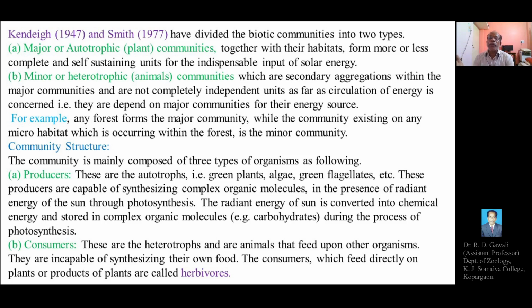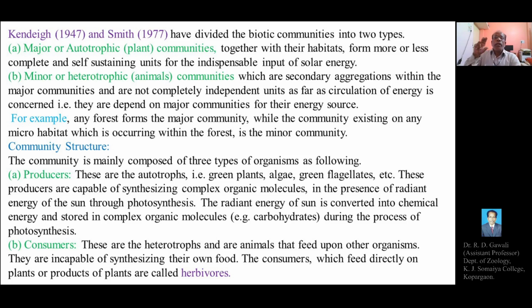Means they cannot prepare their own food. The consumers which feed directly on the plants or the products of the plants are called as herbivores. So consumers are dependent on the producers for their food or for their energy need.